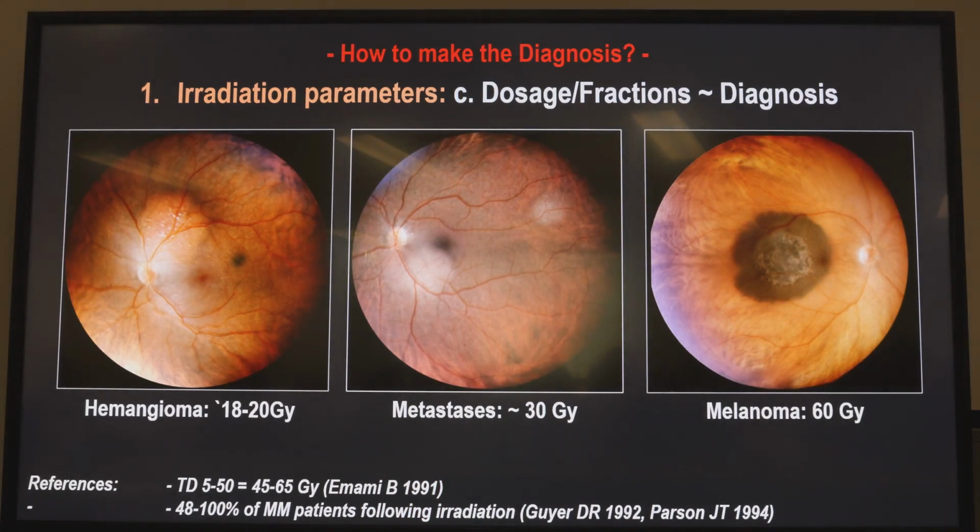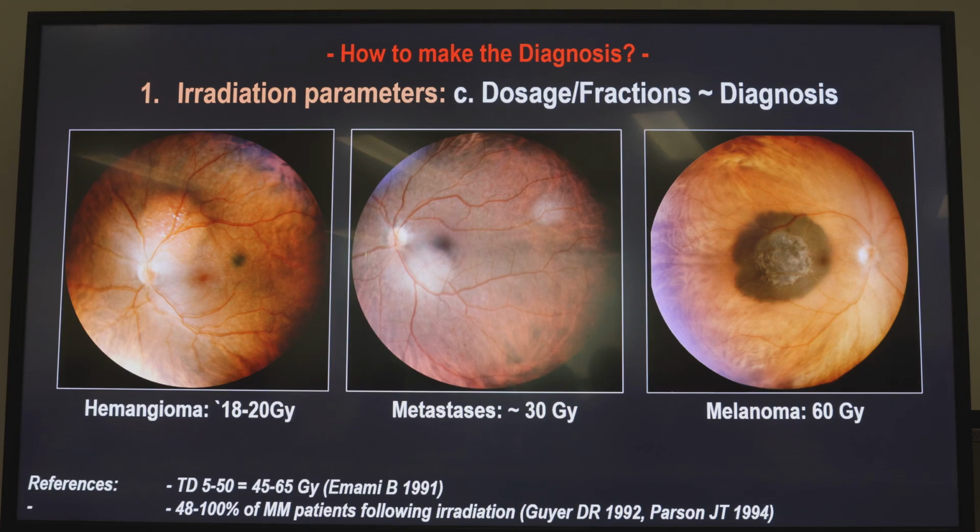Okay, other radiation parameters, the dosage. Our colleague has already discussed that, dosage, fractions, and obviously that depends, as the dermatologist says, on the diagnosis first and foremost. So already the diagnosis will give you an idea, okay, this is a low or a high irradiation, probably even if you don't have the radiation plan.